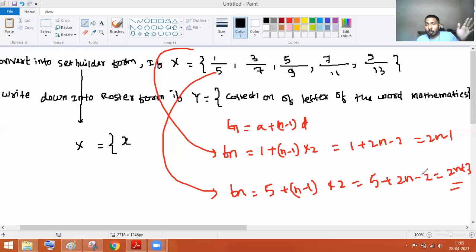The first term was 2, the second term, n square plus 1, was 5, the third term was 10. In 2, 5, 10 the difference is not the same, so we cannot apply the formula there. But here we can, because the difference is the same. So for such sequences with the same difference, you can apply the AP formula, and you won't need to use much thought. You can solve it easily with AP.